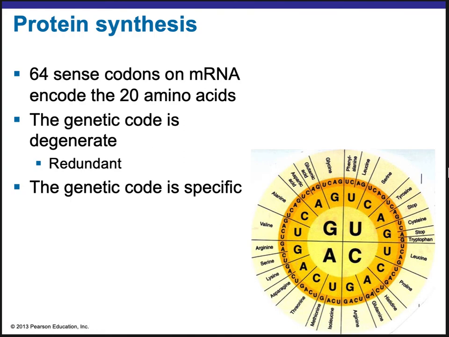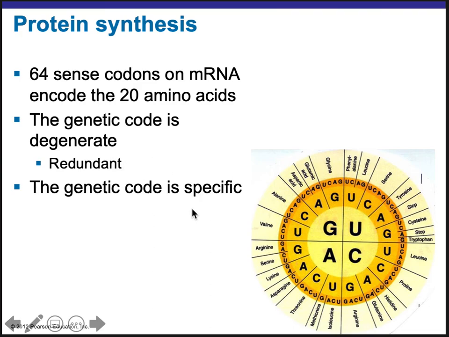And then we see the stop codon, 1 stop codon here, and then the other 2 are here. Tryptophan is also, we see here once, and that's it. So only 1 codon for tryptophan. But everything else has at least 2 that code for it. So anyways, redundant, but still specific.